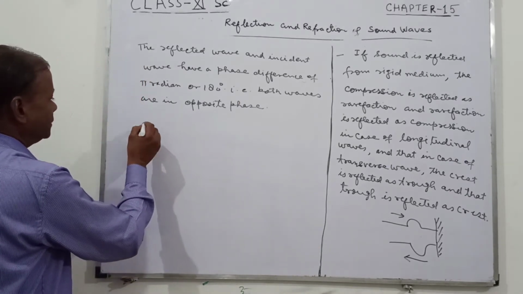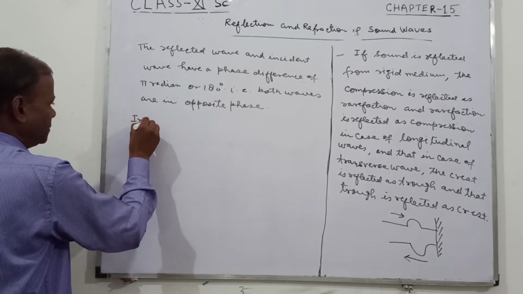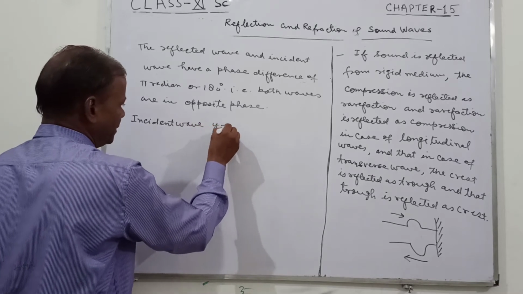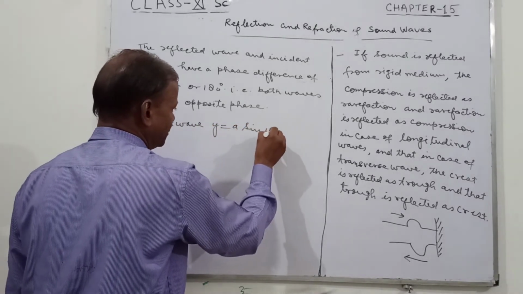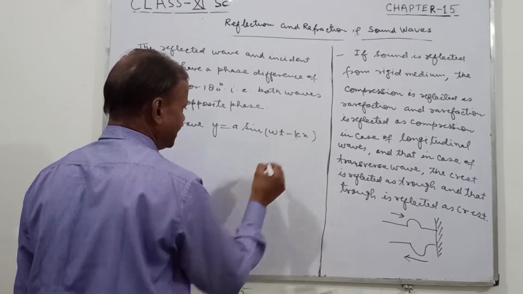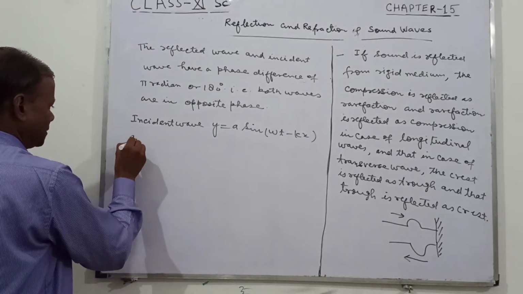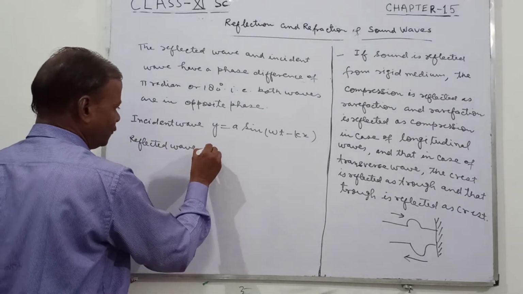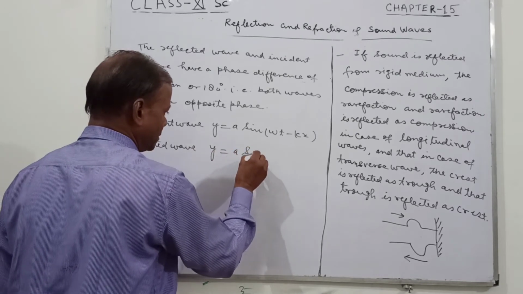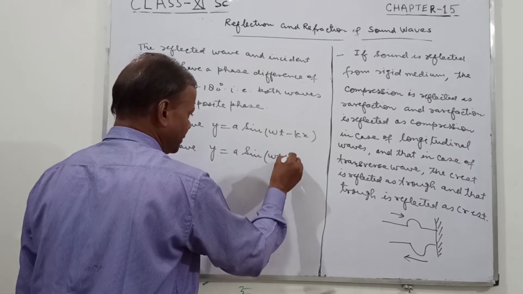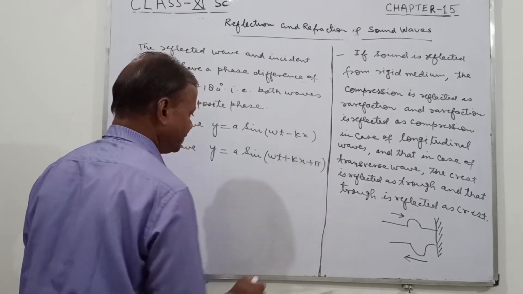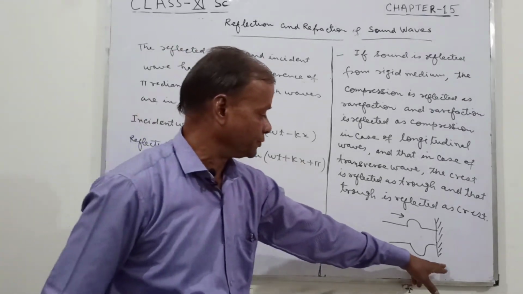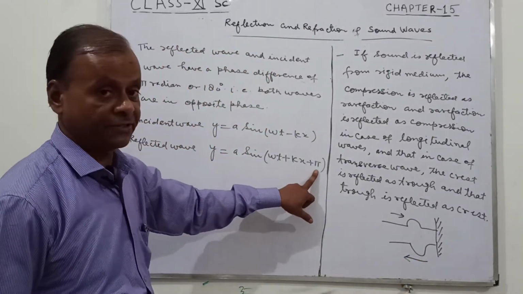So now what we have, incident wave: y equal to a sin(omega t minus kx). Reflected wave: y equal to a sin(omega t plus kx plus pi). Plus kx because this will reflect in the opposite direction, and there is a phase difference of pi.